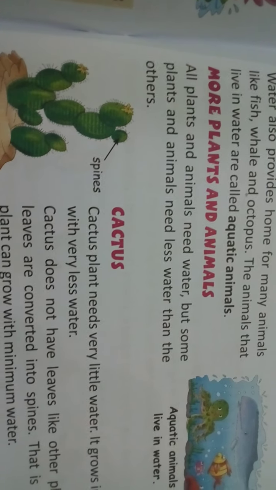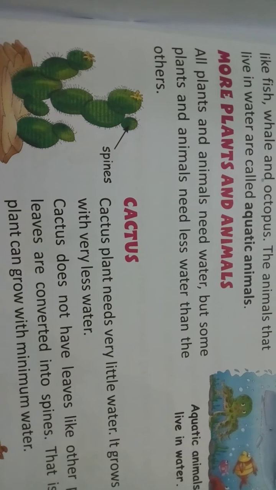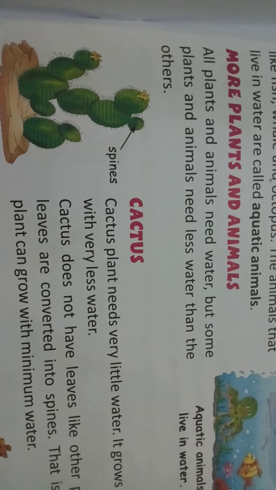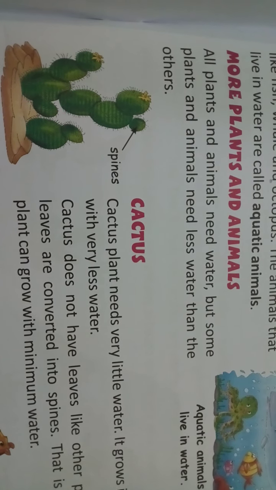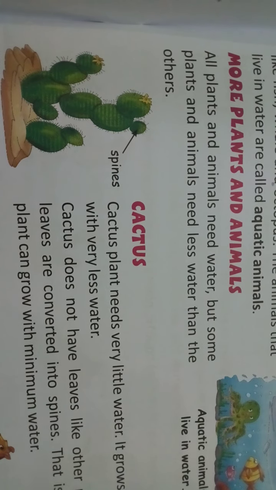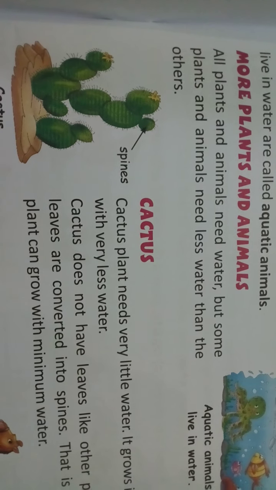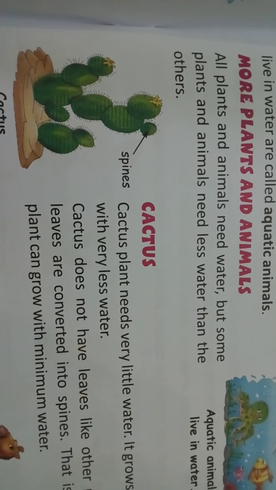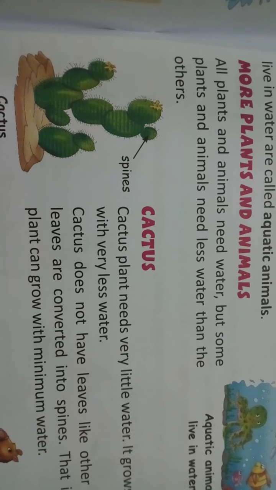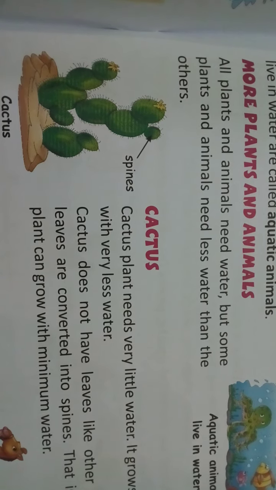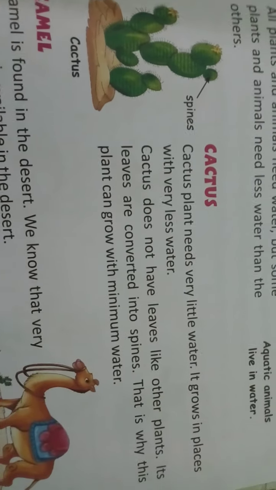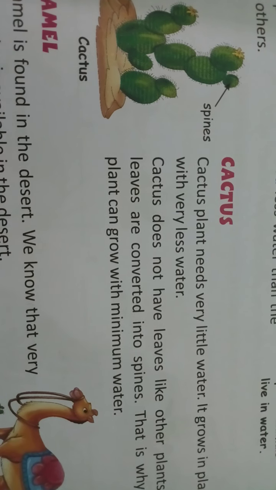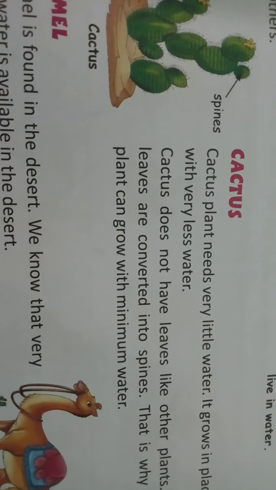This is about more plants and animals. All plants and animals need water, but some plants and animals need less water than others. Then which plants and animals need less water and can survive with less water? Yes, that is the cactus. A cactus plant needs very little water.